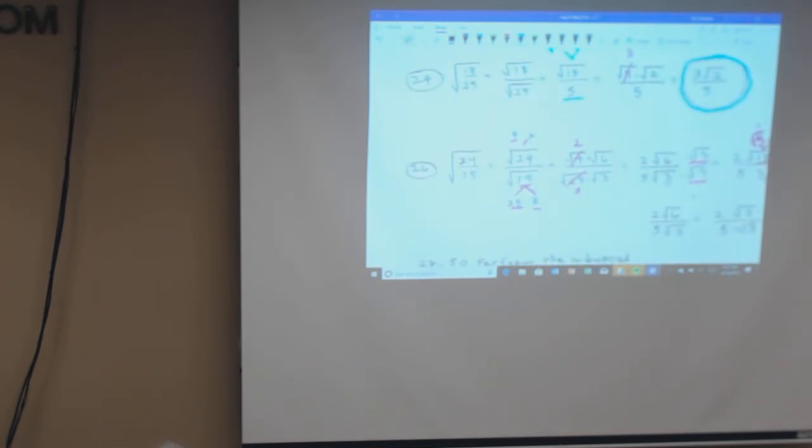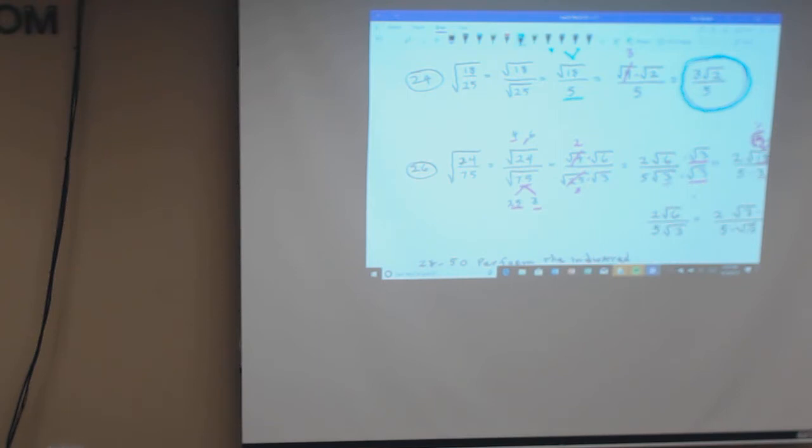26. Why is this one so messy? The square root of 24 over the square root of 75. Now I think the textbook shows you that you can do something with these things to keep from using such big numbers. But in my mind, one process works all the time. So the first thing is, let's just make the two separate square roots.